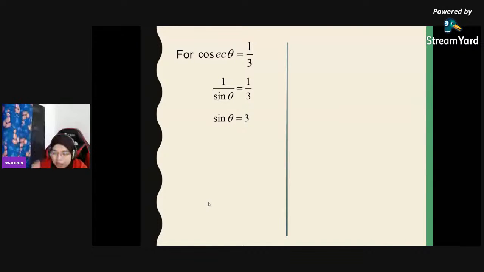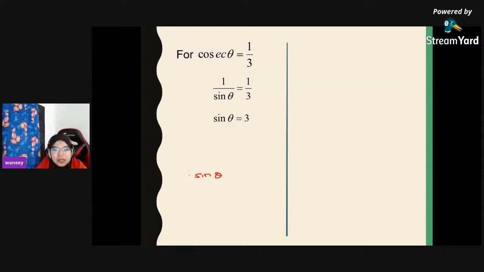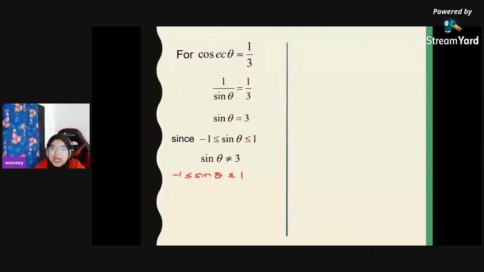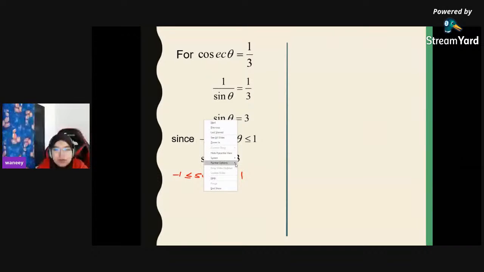I did say something about sine theta: sine theta should be in between negative 1 and 1. So since sine theta cannot be equal to 3, there will be no solution for that.